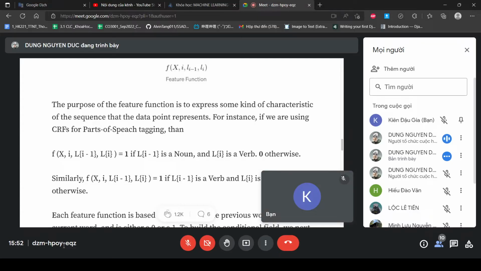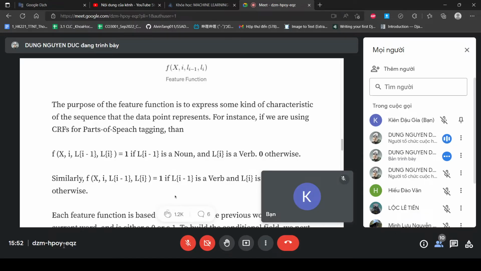Otherwise, it's 0, which means you impose some sort of strong assumption over the relationship: if you see a noun, then next you will see a verb. Okay, so that's the role of the feature function. It defines some sort of relationship between two consecutive states.